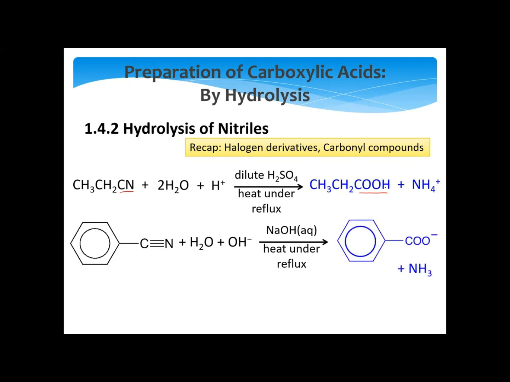We'll get the salt. We'll leave it as the salt because there's no further mention of adding acid. So you have it remain as COO minus, alkaline hydrolysis. From page 8 to 10, honestly, these reactions are not new, so it's more of a revision for you.